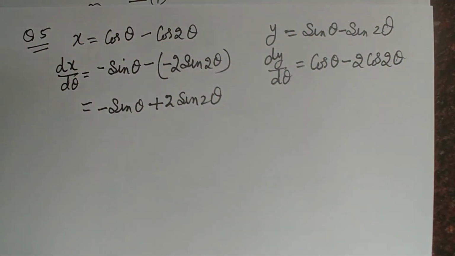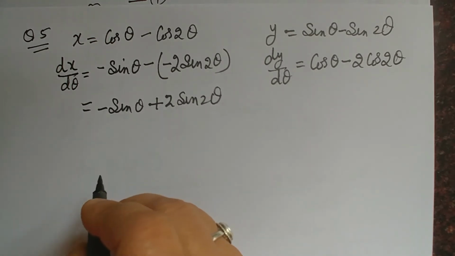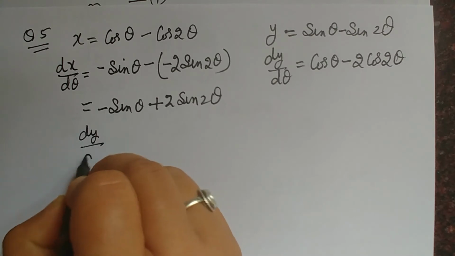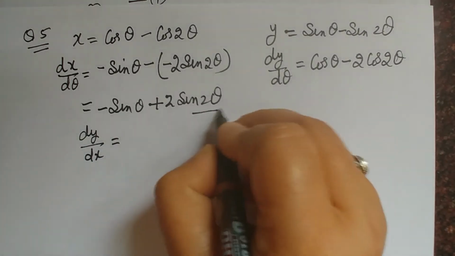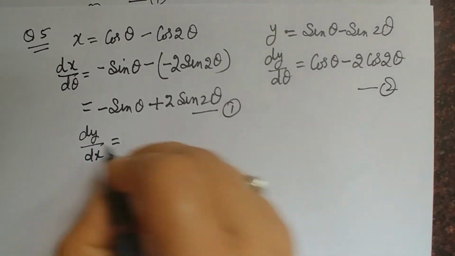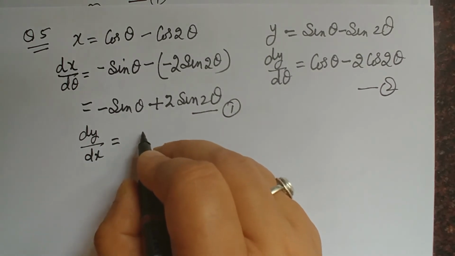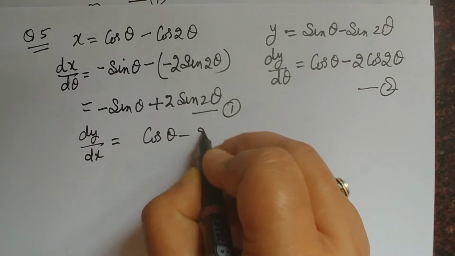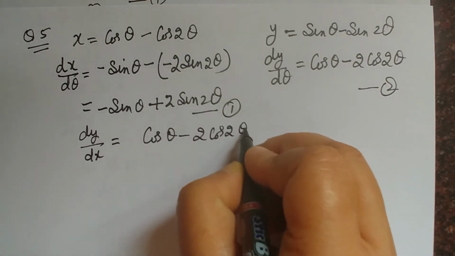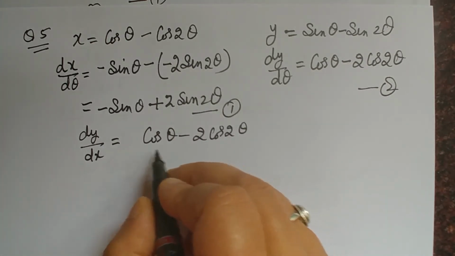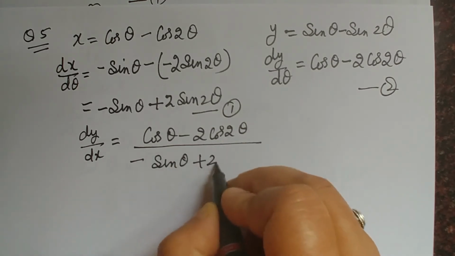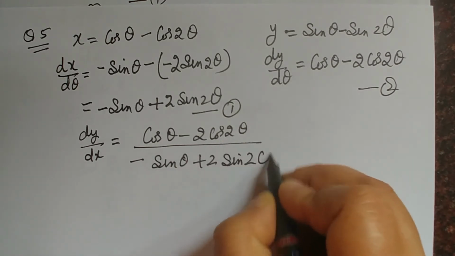Okay, because derivative of sin 2 theta is 2 cos 2 theta. Okay, now let us differentiate it to find dy by dx. Differentiation is already done, so I have to divide 2 by 1. So it is cos theta minus 2 cos 2 theta divided by minus sine theta plus 2 sine 2 theta.